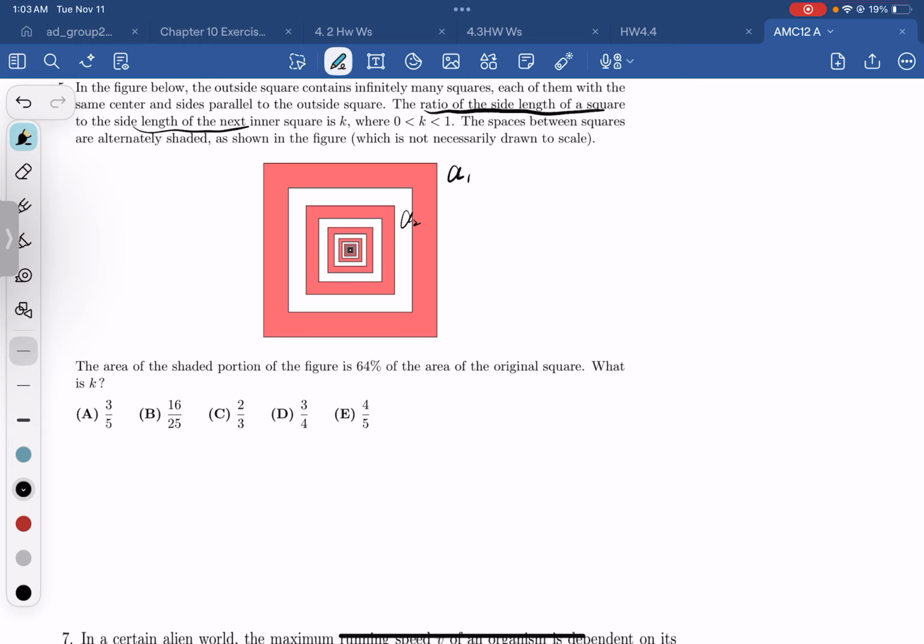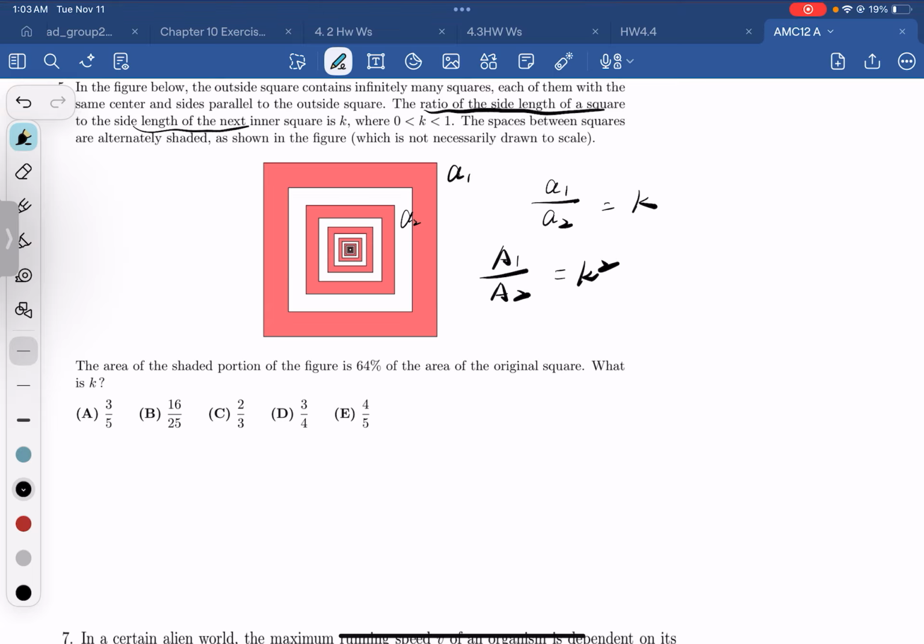And the ratio of the side lengths a1 to a2 should be equal to k, and the area ratio a1 over a2 equals k squared. So that's the first step we could get. It probably doesn't mean something, but we have to write them down to make sure we focus on the question.